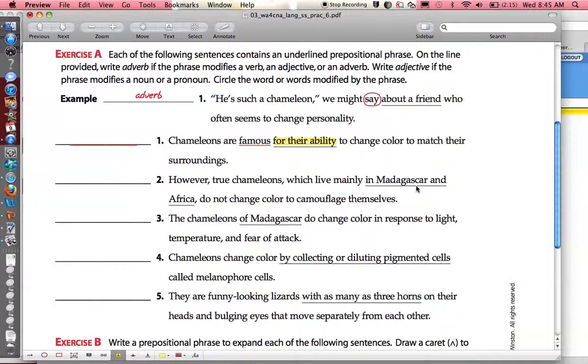Well, what's in Madagascar and Africa? It is where they live. Live is what part of speech? Live is a verb. So, we are answering the question, where do they live? That means that too is an adverb phrase. Adverb. Sorry, I didn't highlight this, which I guess is sort of redundant, but there it is.